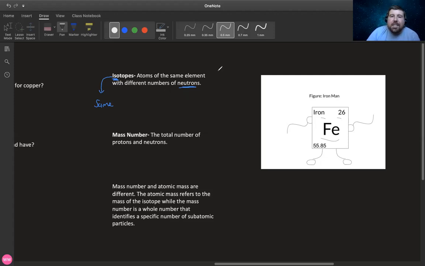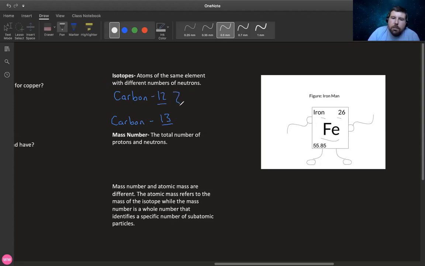while retaining its identity. So for example, there are actually two versions of carbon. We have carbon 12 and carbon 13. Now, if you're looking at your graphic organizer, you might wonder where 12 and 13 are coming from.